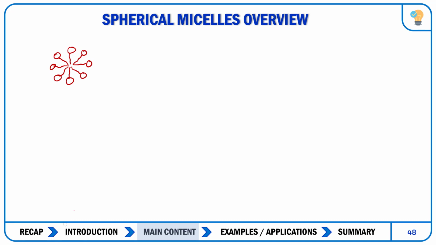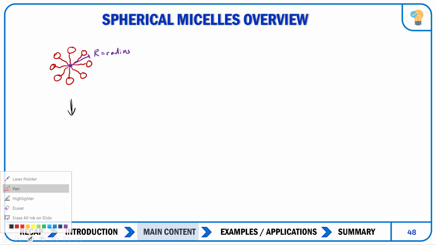That would be our origin point, smack in the middle. And you have this being your radius R. When I model this, I can convert it into something a little bit more basic. So instead of using an actual graphical representation of a micelle, we'll just use cones.